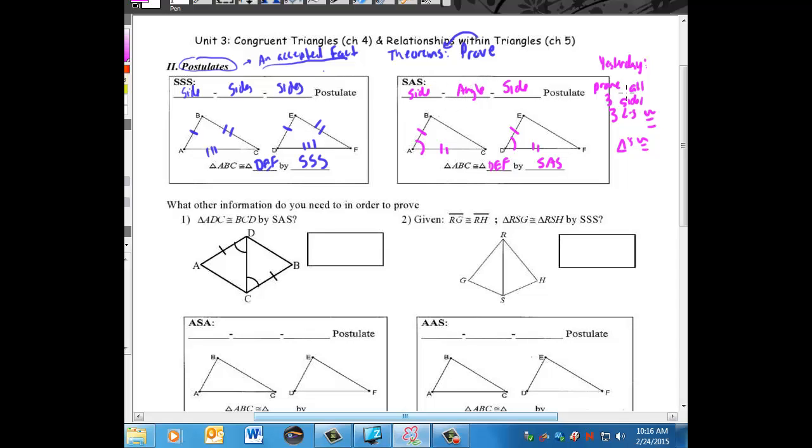We don't have to prove all three sides and all three angles. We just have to prove side, angle, side, and by this rule, we can then say that these two triangles are congruent. In a sense, it's a shortcut for us. We can just stop right here and say, okay, we have enough information given to say that these two triangles are congruent.